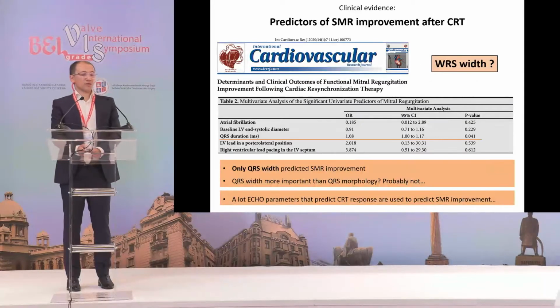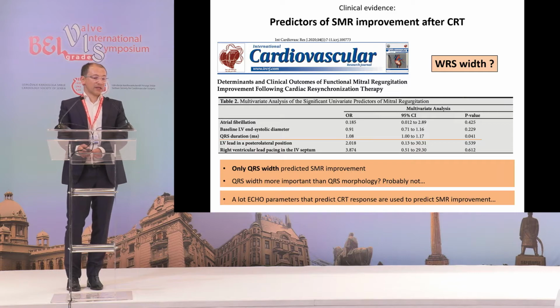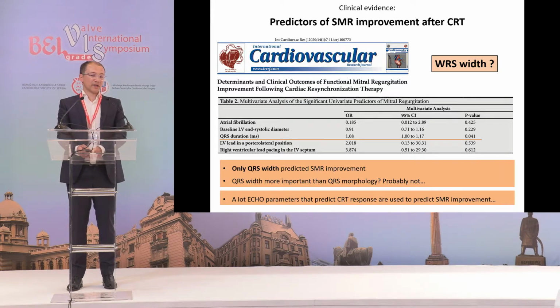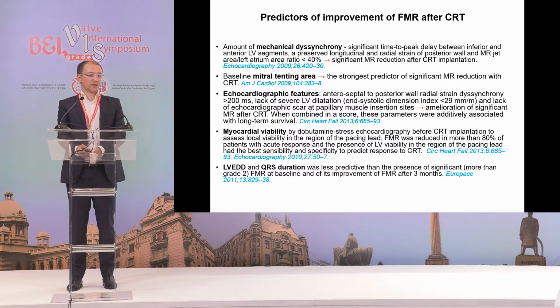tako da bih ove rezultate diskutovao u pravcu toga da nije navedeno, ako se ne radi o bloku leve grane, kakav je oblik QRS-a kod bolesnika koji su uključeni u ovoj studiji, to jest kod onih bolesnika koji nisu imali blok leve grane, a implantiran je CRT, da li se radilo o specifičnom bloku desne grane, o bloku desne grane sa levogramom, o interventricular conduction delayu, što sve ima različite odgovore na CRT, a samim tim najverovatnije ima različite odgovore u smislu popravljanja sekundarne mitralne regurgitacije.